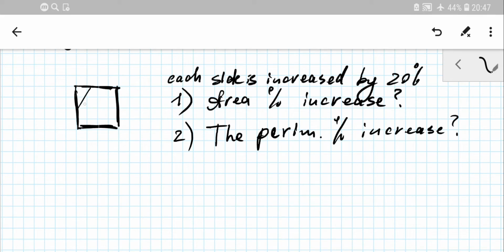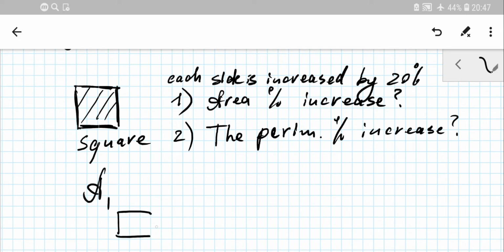Okay, so this is the square. And let's just simply calculate. So area by definition. The area of the original square: let's say your square was x by x. So x by x is simply x squared. Now the new area, after a percentage increase of 20% for each side.